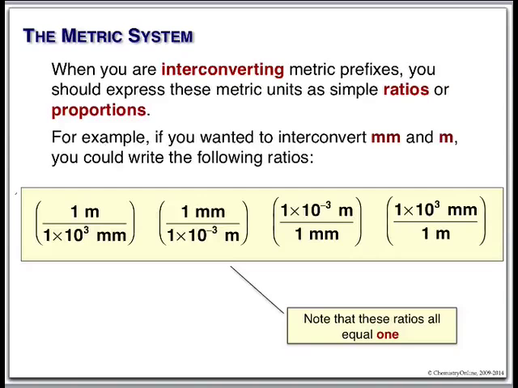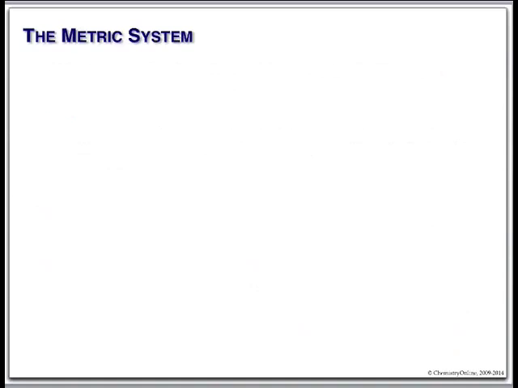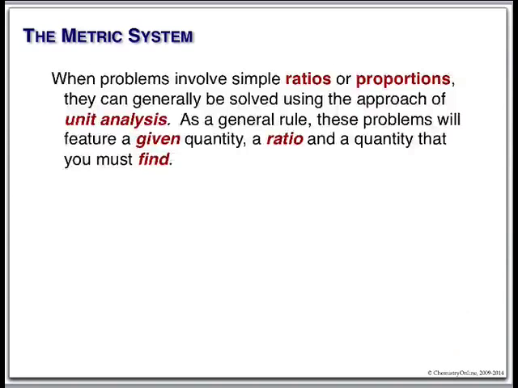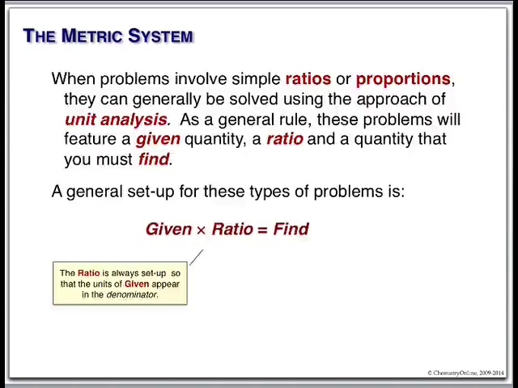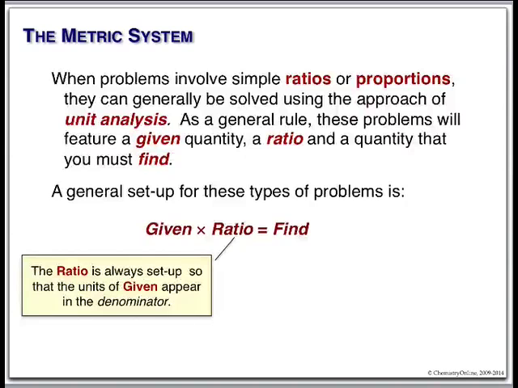You can flip the ratios upside down. You can do that because they're all equal to 1. So you can invert them anytime you like. What we did with these ratios is we use them in a simple problem-solving algorithm. You look at the word problem.